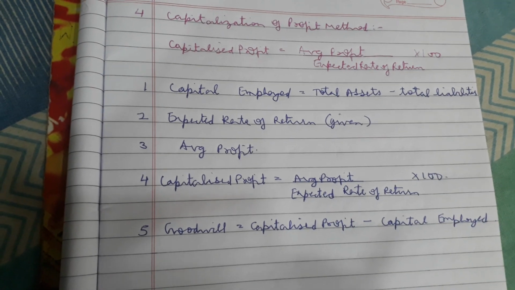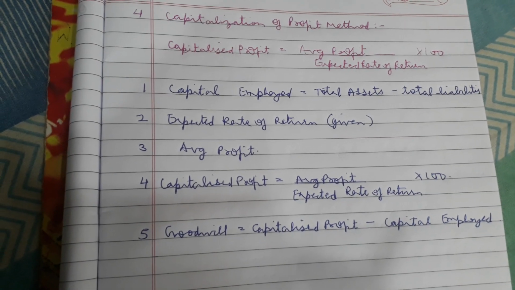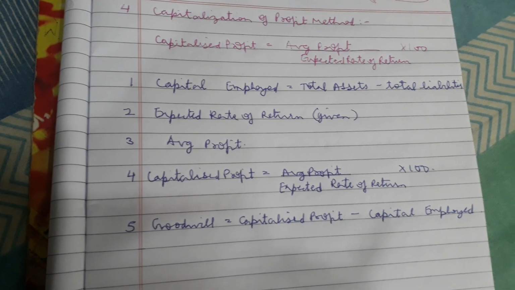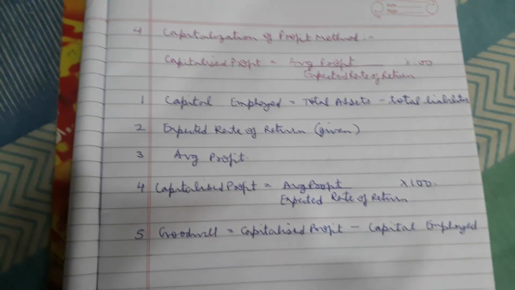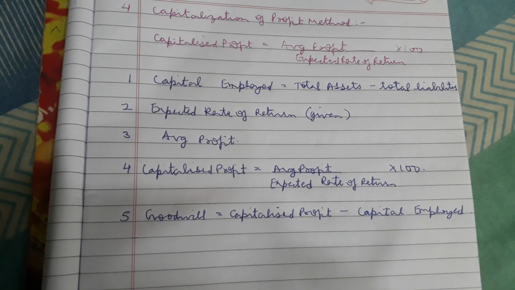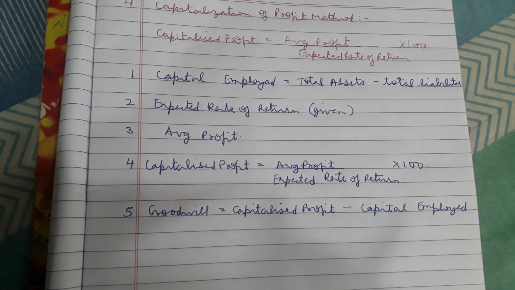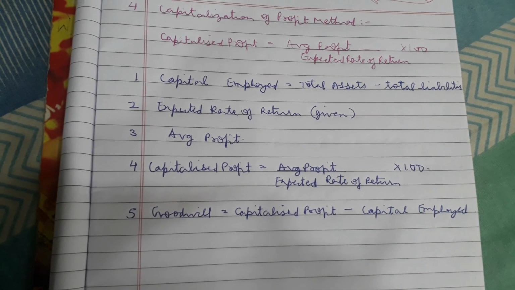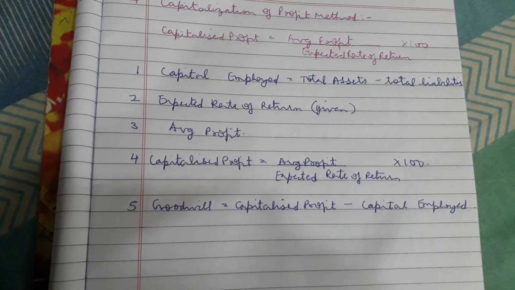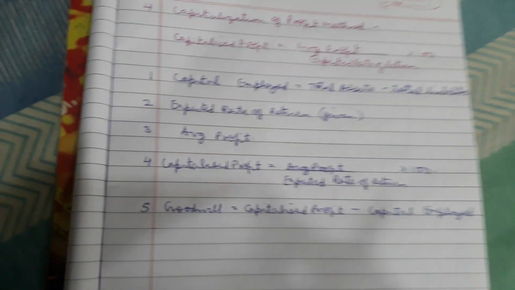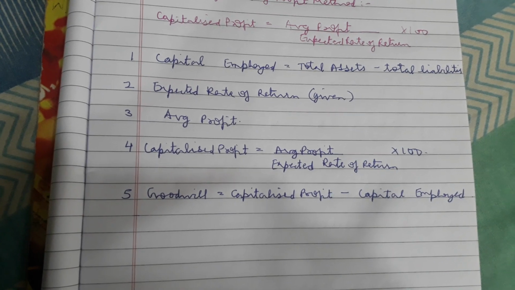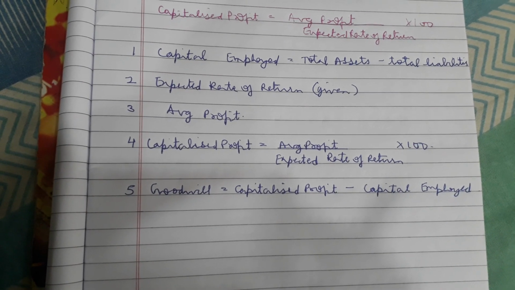We will again see the first point, capital employed, same as calculated in super profit method: total assets minus total liabilities. Total assets and liabilities values are given in the question. Second, expected rate of return, which is given in the question. Third, average profit. Average profit is equal to total profit upon number of years. Fourth, capitalized profit.